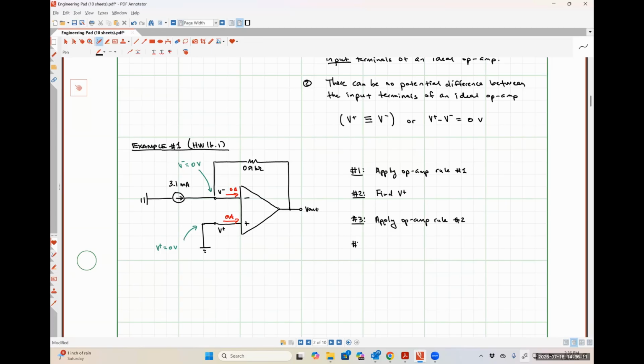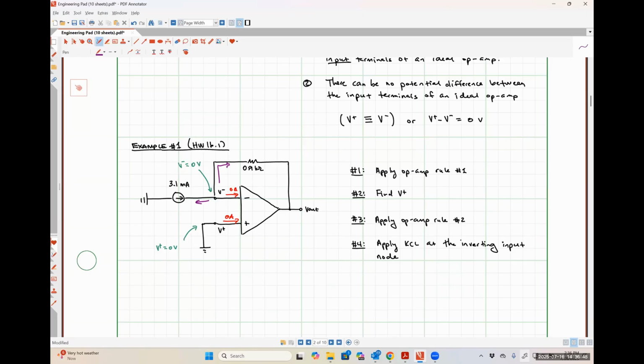So step number 4 is going to be apply Kirchhoff's current law at the inverting input node. Essentially what I'm going to do is add this current plus this current together and set them equal to 0.